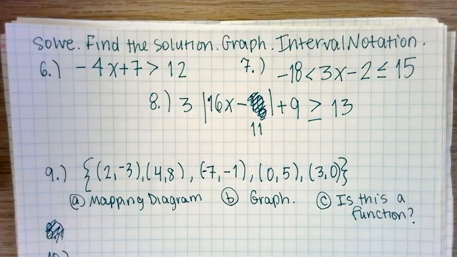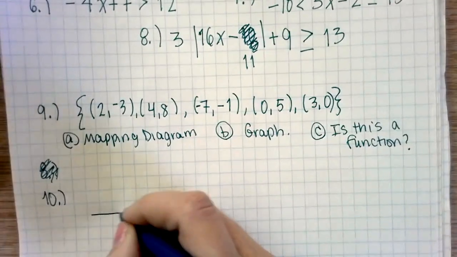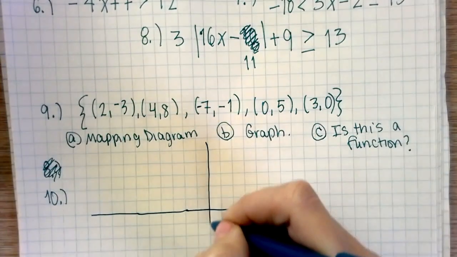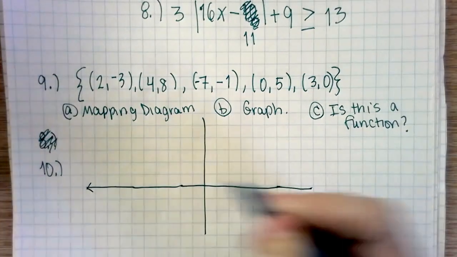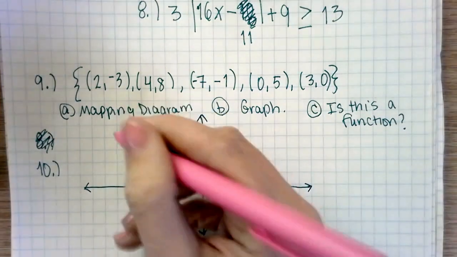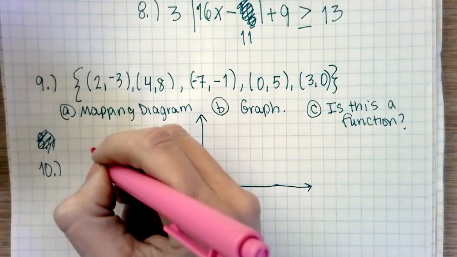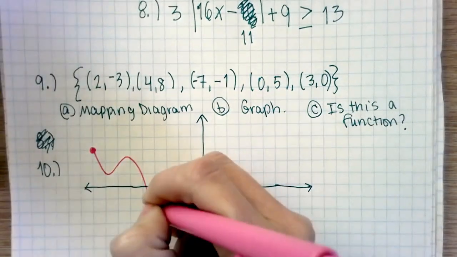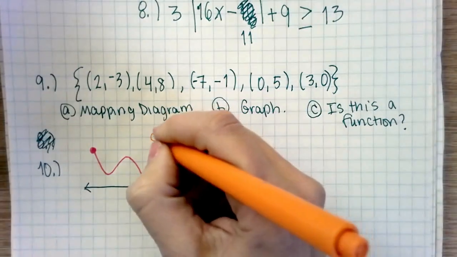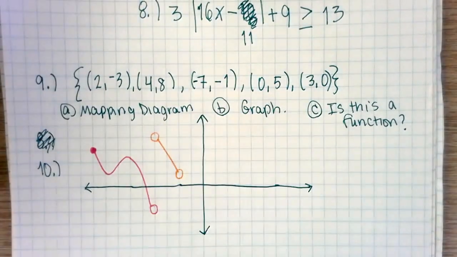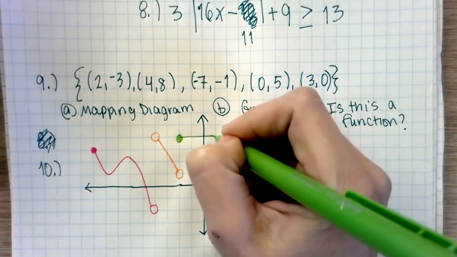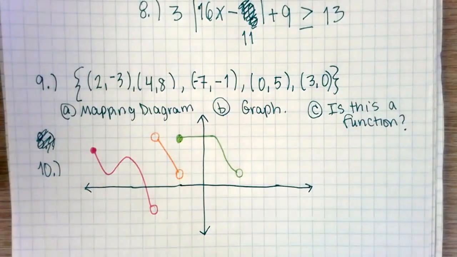Number 10. Maybe I give you a wild and crazy graph, and I ask you for the domain, I ask you for the range. What could this graph look like? We have a lot of possibilities here, so I'm just going to sketch something out. Maybe it starts off as a closed circle here, open circle there, and maybe another open circle, another open circle.